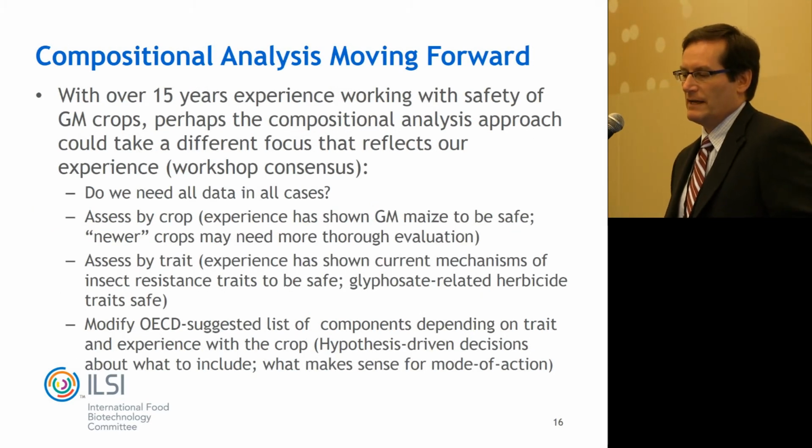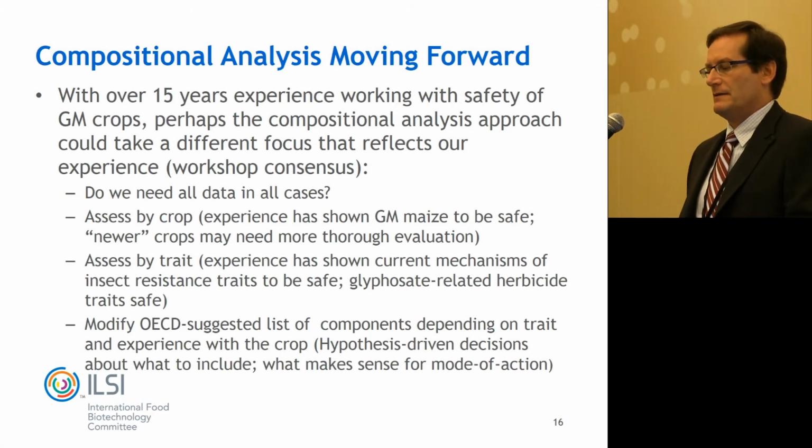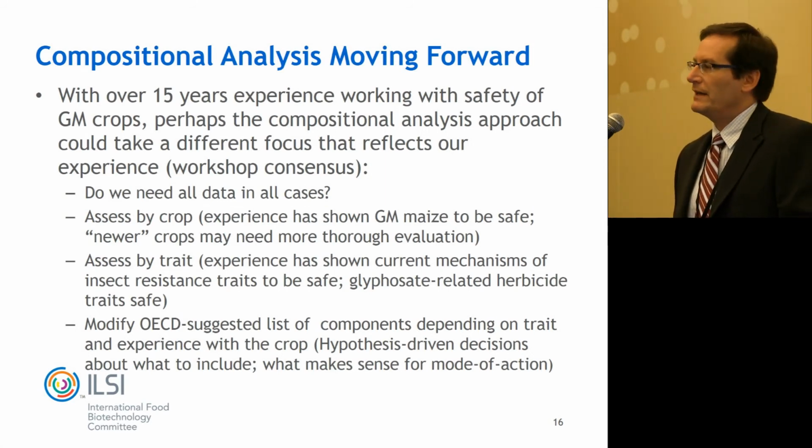So similar to what Angela had as conclusions, we've had 15 years of experience working with safety in GM crops, and perhaps the compositional analysis approach could take a different focus depending on what we have learned. Do we need data in all cases? We have a lot of history with maize, also with soybean. Perhaps these crops don't need to be as heavily scrutinized as a new crop.